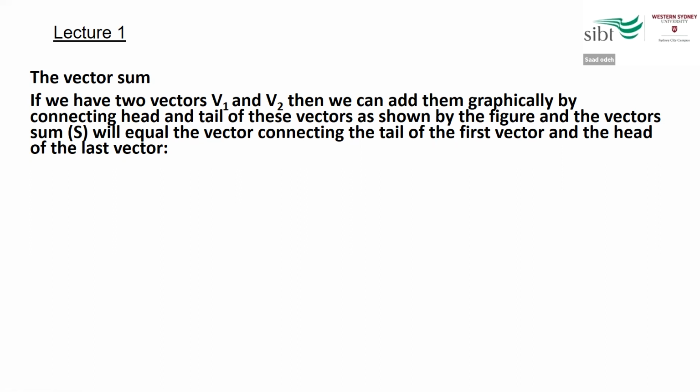So in the graphical method, if we have two vectors like these, V1 and V2, we can plot them. I can bring this vector here at the same length, with the tail of this vector connected to the head of the first one.